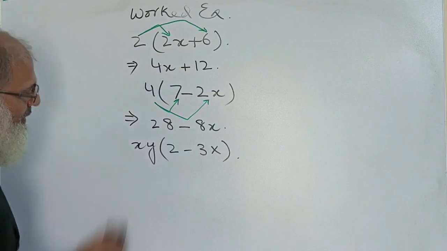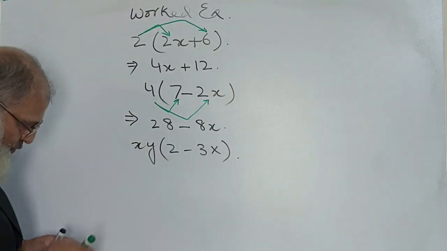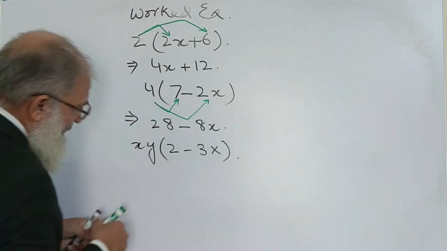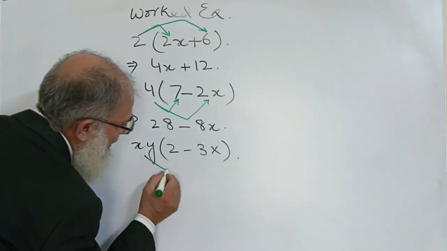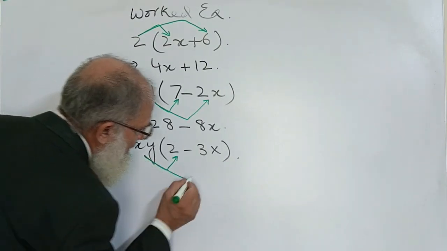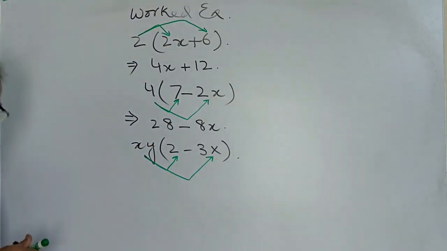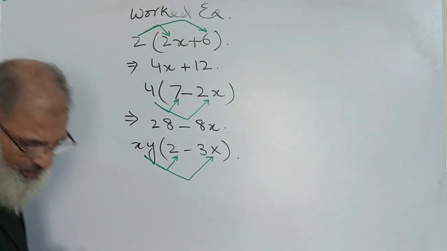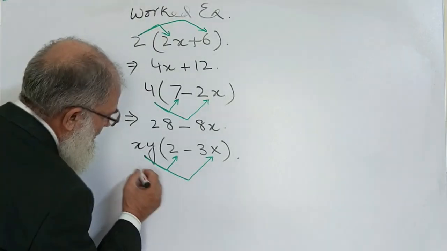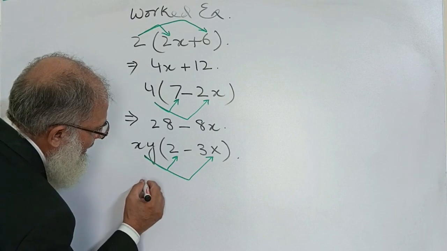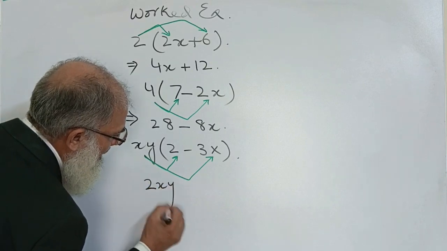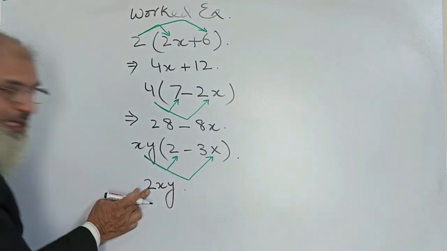Okay. Now what will happen? We'll have to multiply this with this with this. xy will now become 2xy, because 2 will be written as a coefficient.